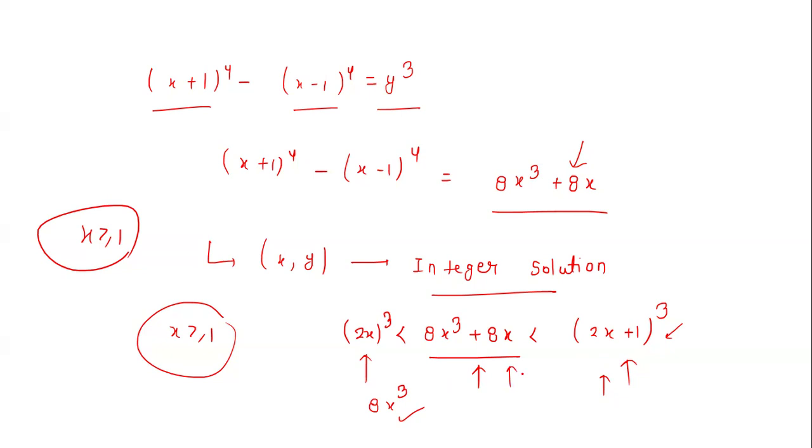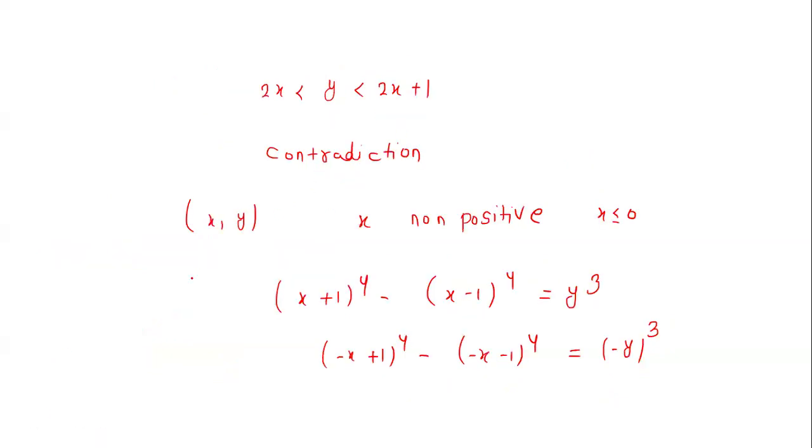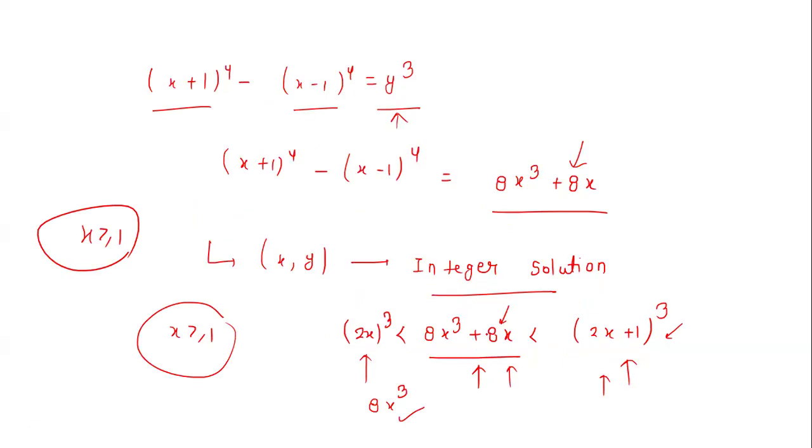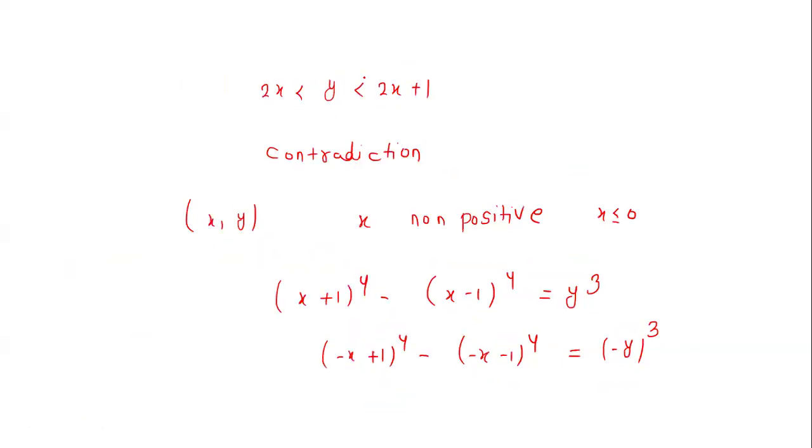So 8x^3 + 8x lies between these two cubes, and we know this is equal to y^3, so we can replace 8x^3 + 8x by y^3, and after taking the cube root we can say that y lies between 2x and 2x+1.